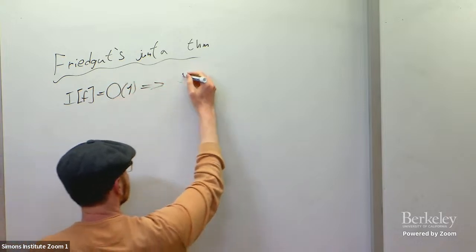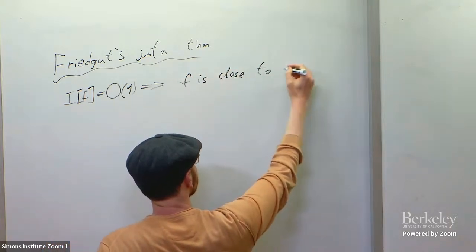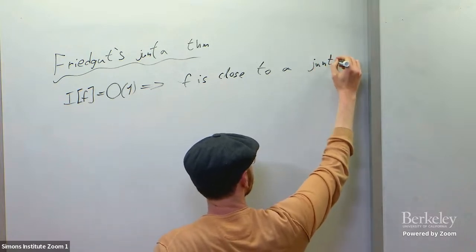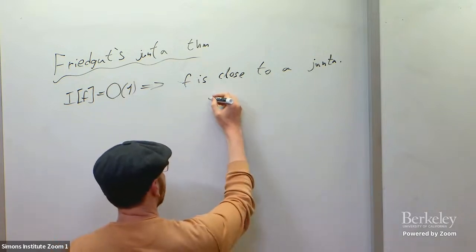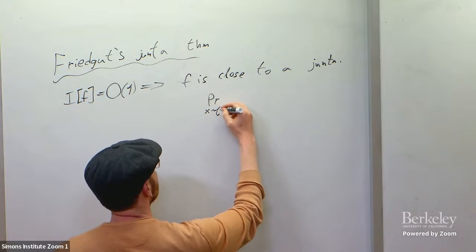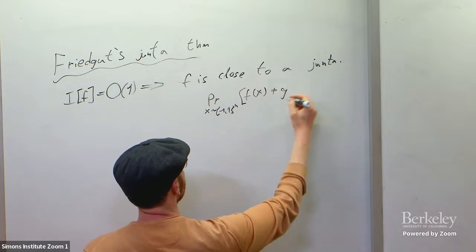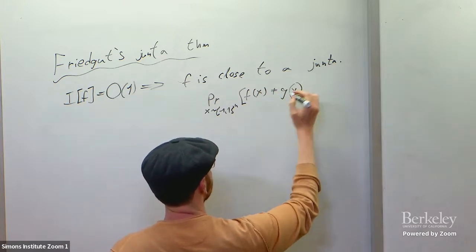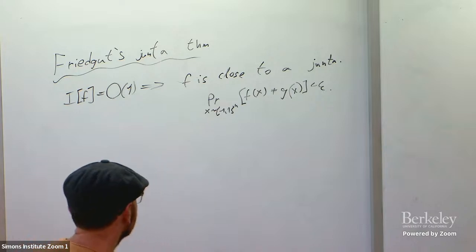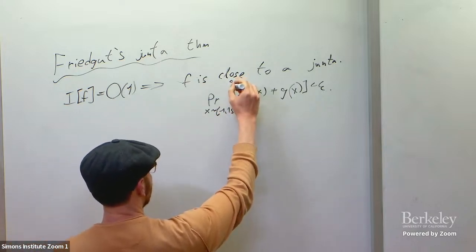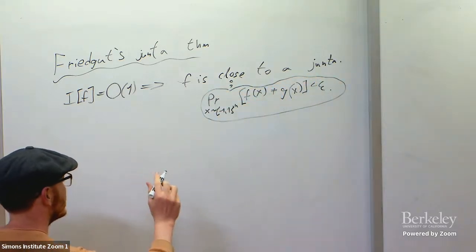Informally, and close, you can think of the probability when you choose x randomly. Close means that, and also probably it's best to recall what a Junta is.